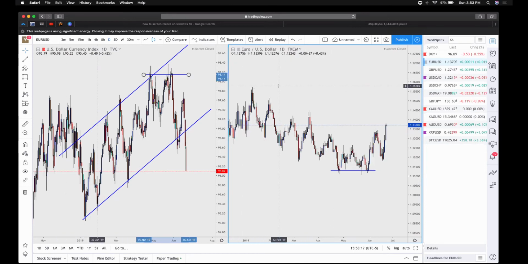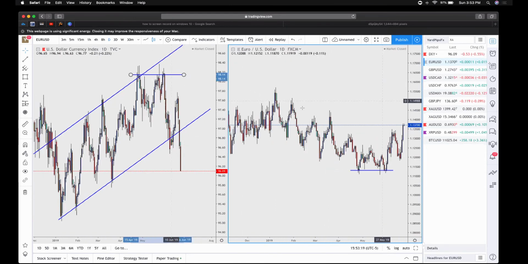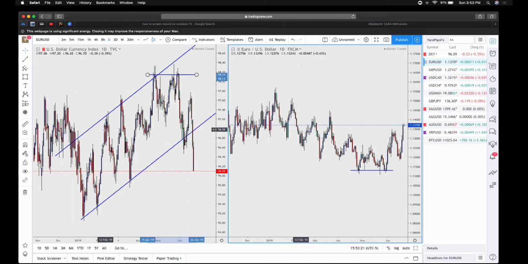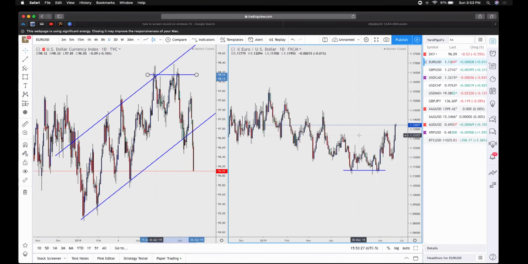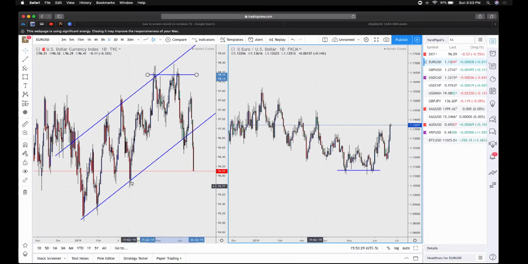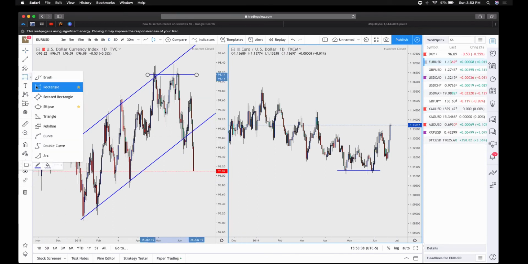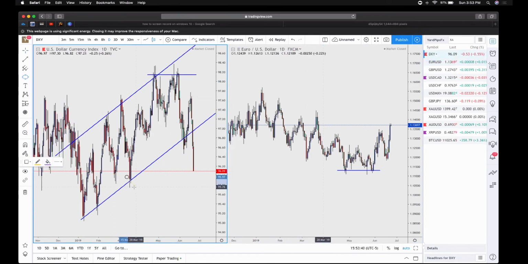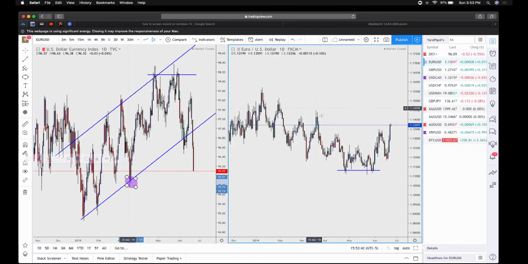Right? So we see that DXY was in a channel. It was making higher highs, higher lows, all along right here, pushing up and down in a channel. With that being said, every time the DXY was at the support in a channel, Euro US dollar was at a resistance. So DXY at support right here, Euro USD at resistance right here.